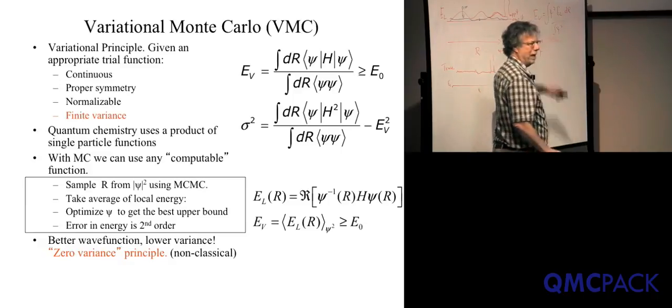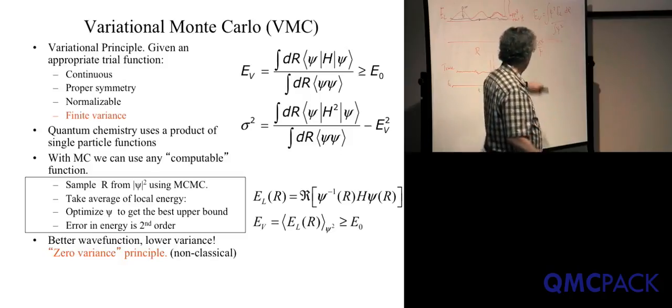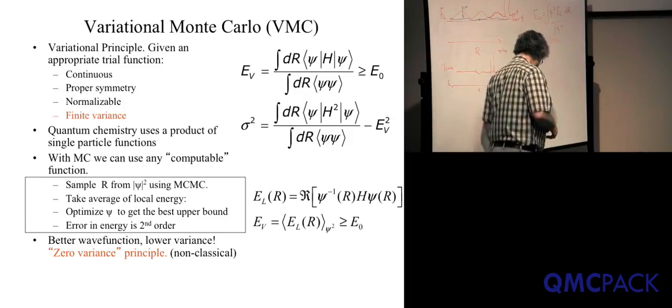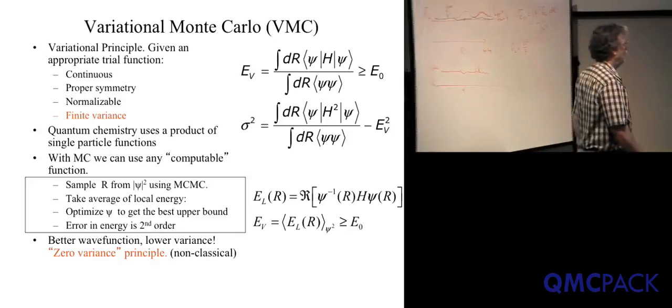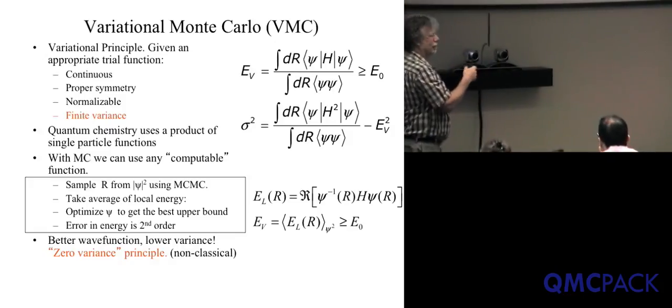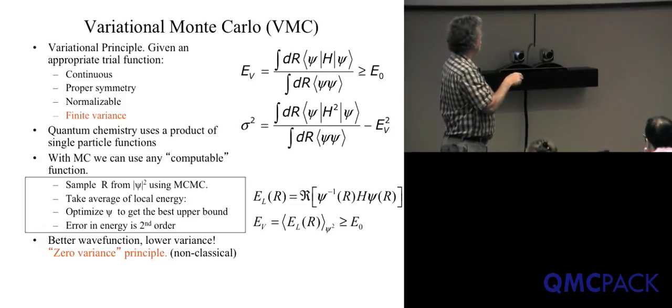So you're dividing by psi there. If psi goes to 0 and H psi does not go to 0, the local energy could go to infinity, and that could give rise to the spikes. So usually you get reasonable answers, but when you start computing error bars, you can't really trust them. So there are some conditions on the variational principle.